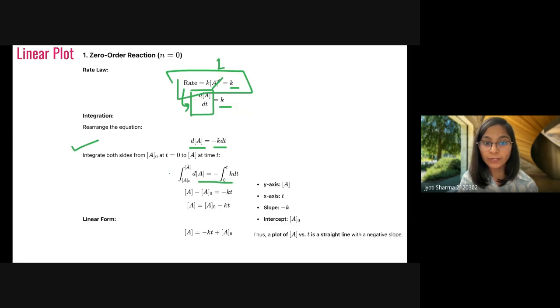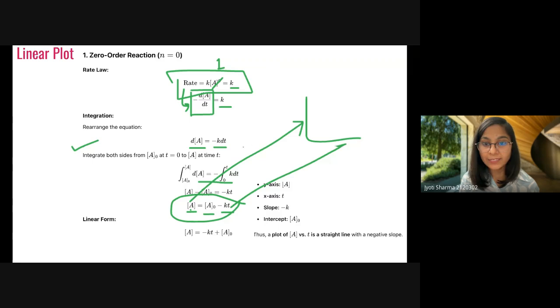we will get A, the concentration of reactant, equal to the initial concentration of reactant minus Kt. From here you can see, this will be your Y, this will be your X, the slope value will be minus K, and this one is your intercept.